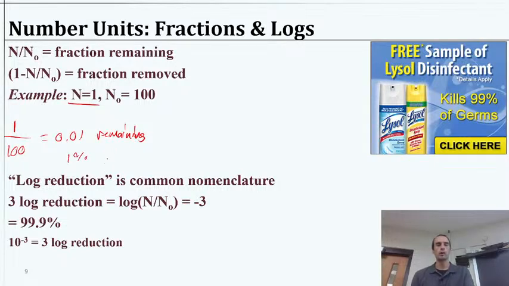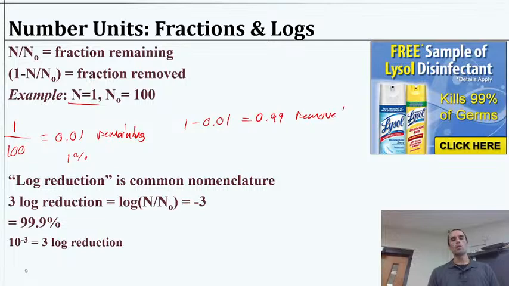And by the way, since we were talking about it earlier, we could say that's 10 parts per 1,000 if we wanted to, right? Just to confuse ourselves a little bit. So we'll not leave that there. Okay, that means that the amount removed would be 1 minus 0.01 is 0.99 removed, or 99%, right?